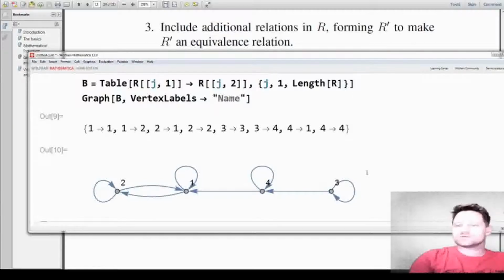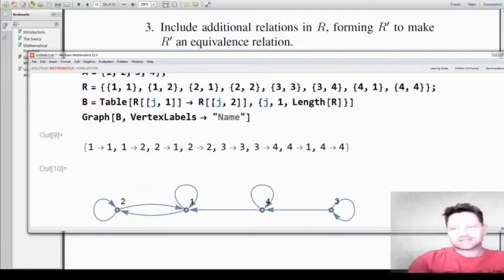We need it also to be symmetric. So we need another arrow going back the other way, much like this 2 and the 1 relations. We need 1 going to 4, and we need a few more. So let's include 1 going to 4.